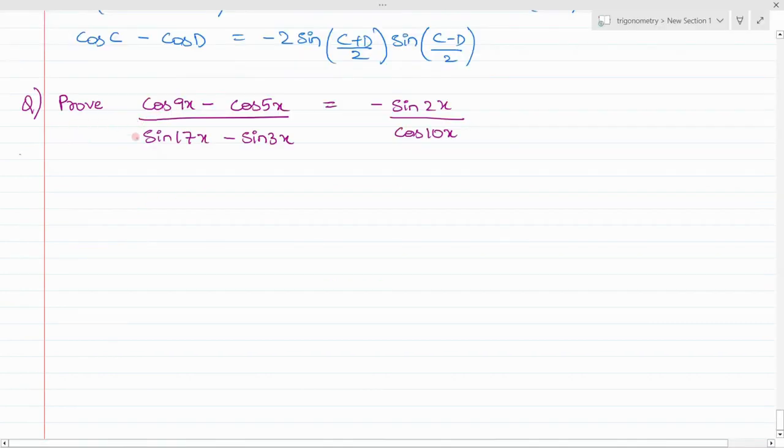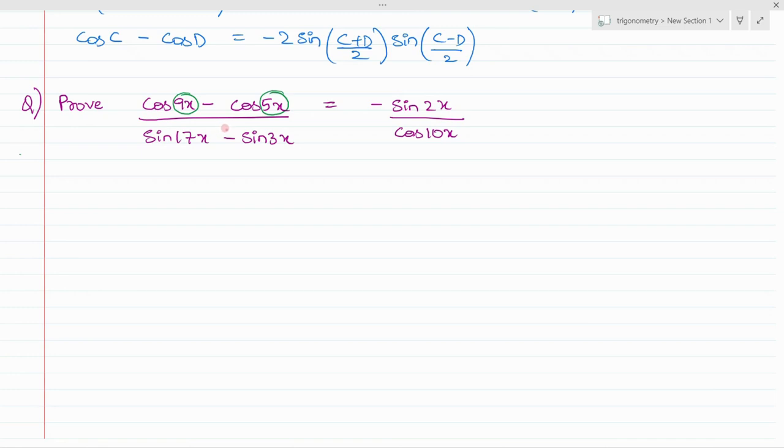In this question, we need to prove LHS is equal to RHS. If you observe, we can use the formula for cos C minus cos D in the numerator, and we can use the formula for sin C minus sin D in the denominator. But here C and D are different for the numerator and denominator.